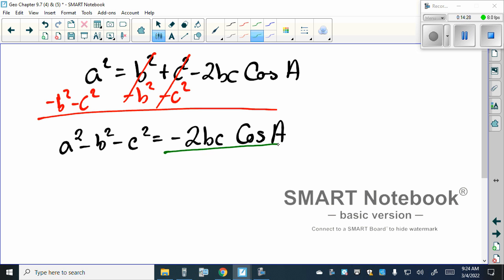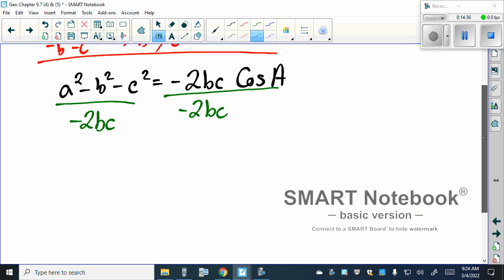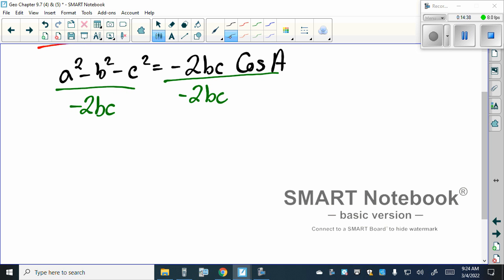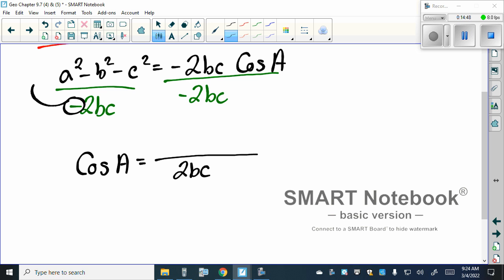At this point, I can divide both sides by negative 2bc, because again, we're just trying to get A by itself. And what that'll tell us is that cosine of A is equal to, in the denominator we have our 2bc. I'm taking that negative and multiplying it through the top, which would make the a squared negative. The b squared is already negative, and a negative times a negative is a positive. Same is true for c squared.